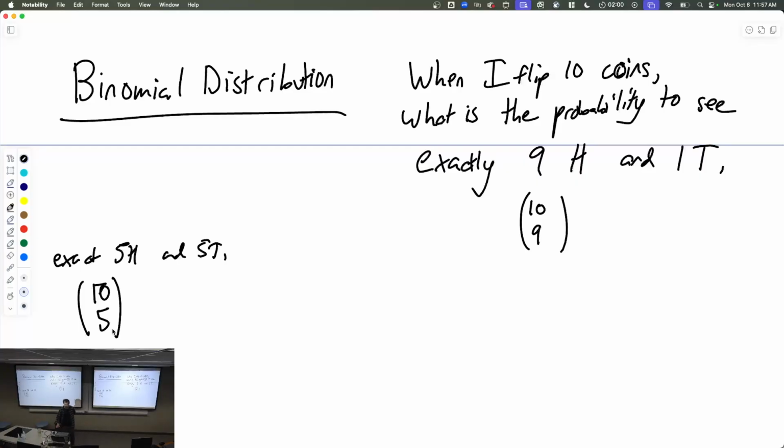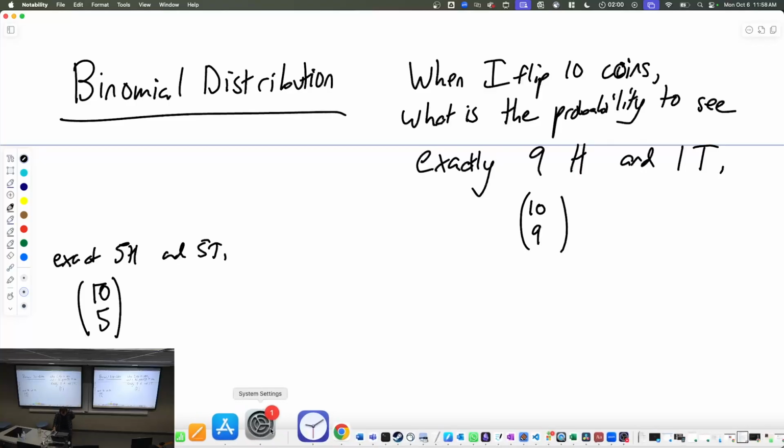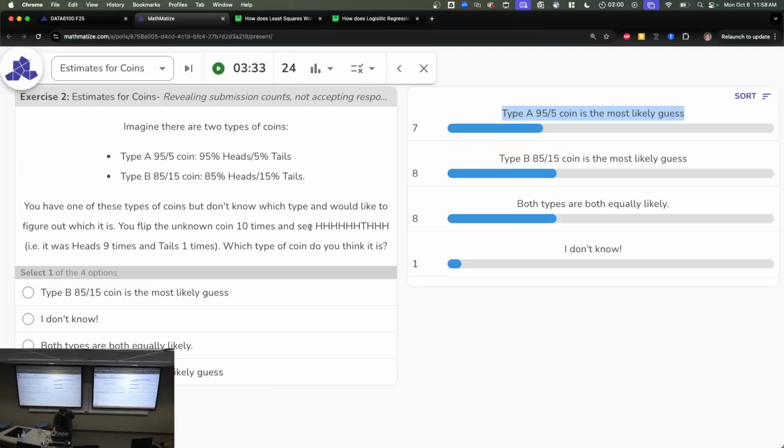The thing is, the question is actually even easier than that, because the hard part of the binomial distribution is that there is more than one way it could be 9 heads and 1 tail. It could be a tail on the first one, a tail on the second one. There's a lot of different ways. With only one odd one out, it's not so hard. But if you have 5 heads and 5 tails, there's lots of different ways they could be distributed. So the hard part of the binomial distribution is the order of the different things. And fortunately for you, in the problem that was given, I actually told you the exact order.